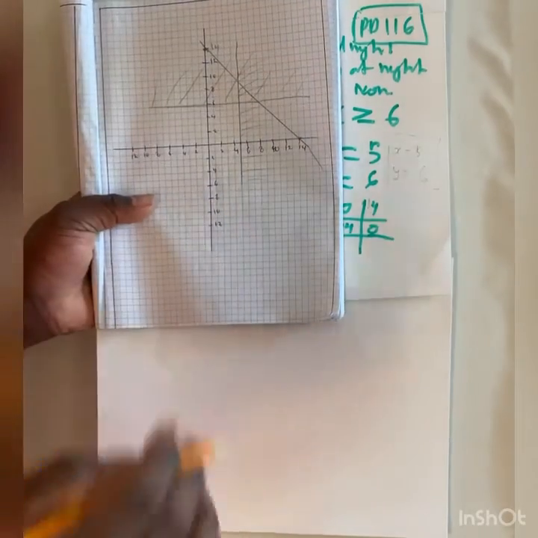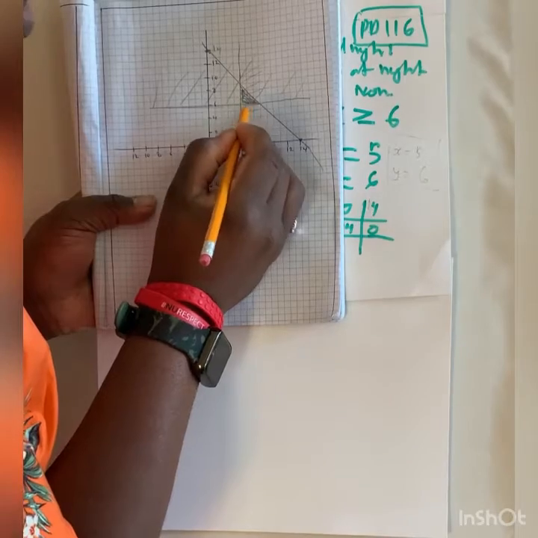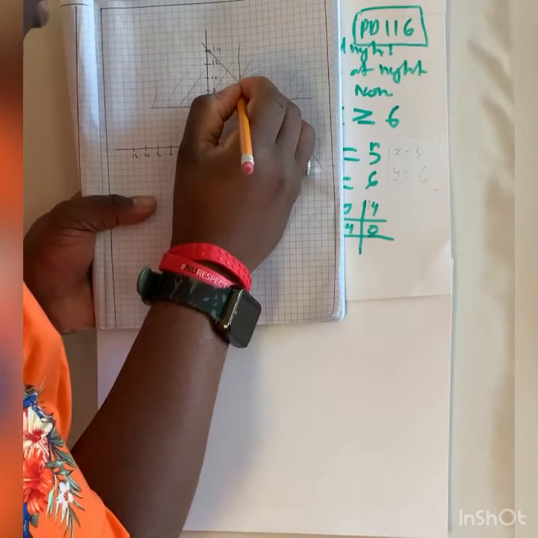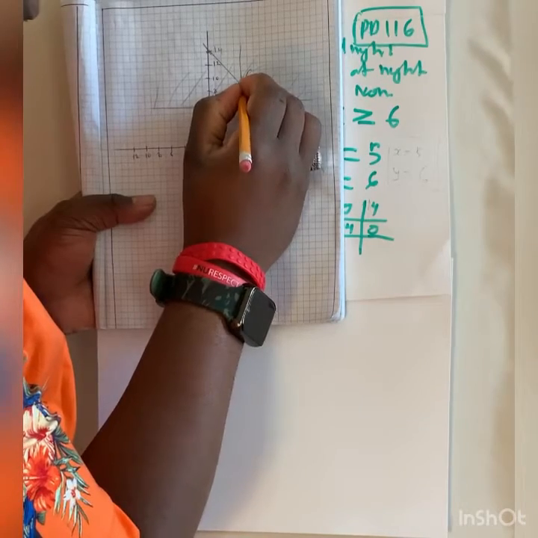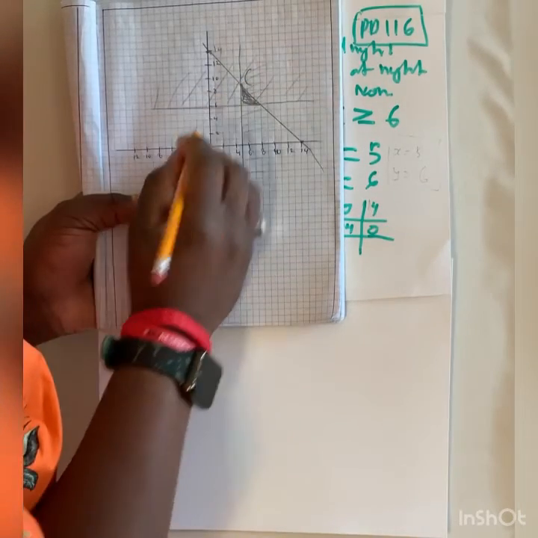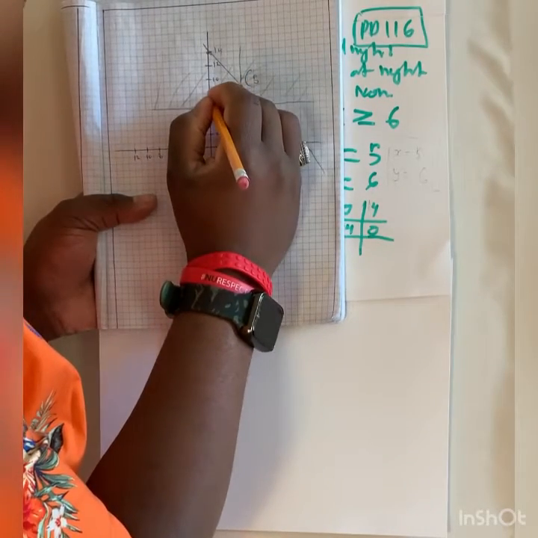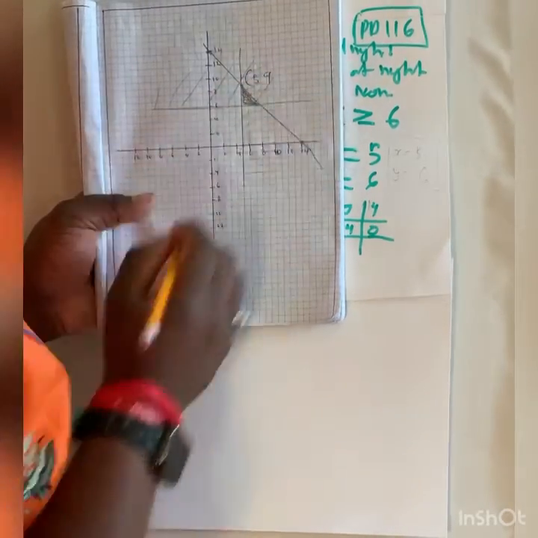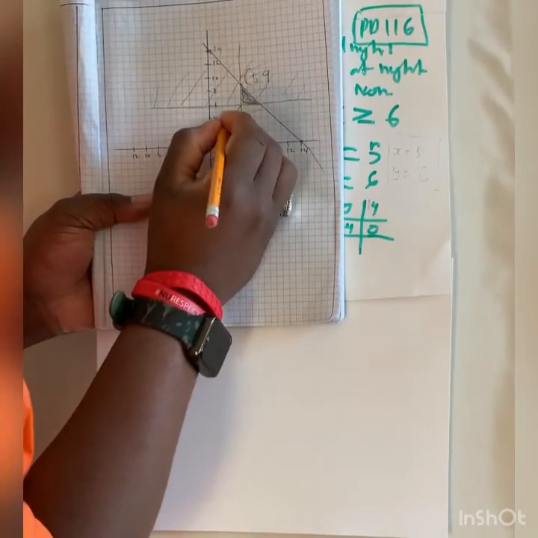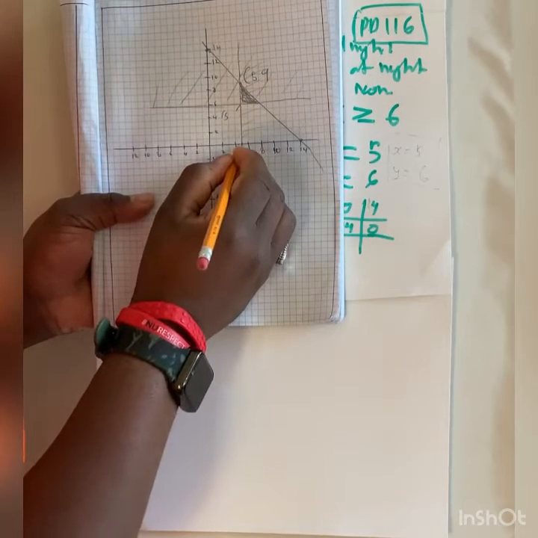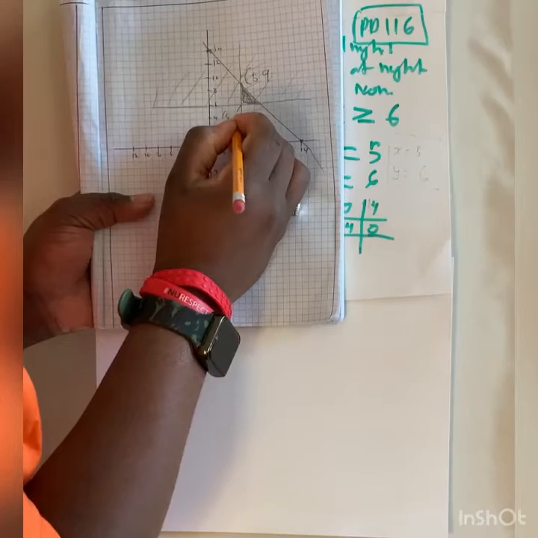So the triangle which I want is this one, to find where those 3 lines meet. This point looks like 5 and 9. This point is 5 and 6.